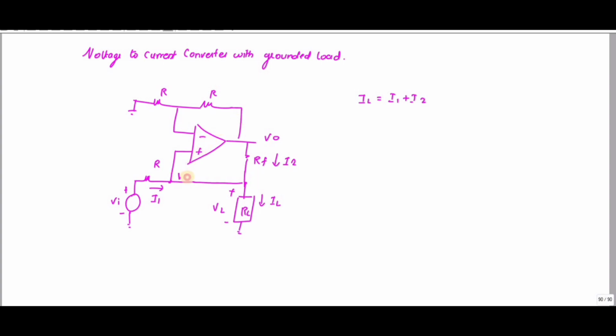IL I can write as VL by RL. What is I1? I1 is equal to VI minus VA divided by R. What is I2? V0 minus VA.